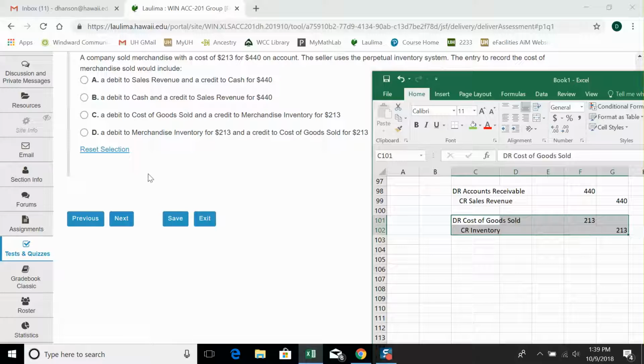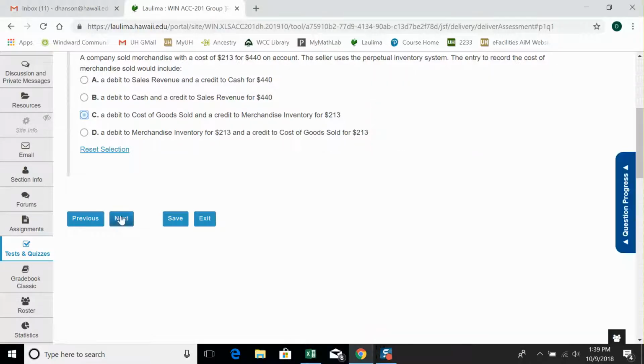And then just look at D to make sure it's not a debit. Well, it can't be a debit to merchandise inventory because that would be increasing the inventory account. And a credit to cost of goods sold would be decreasing the expense when we're actually trying to do the opposite. We're trying to increase the cost of goods sold with a debit and decrease inventory with a credit. So the answer is C.